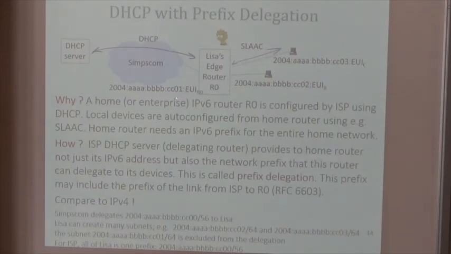Well, because if I am the provider, I give this prefix 2004 AAA BBB CC to this guy, and I say your own address also belongs to the prefix, and all the addresses of your enterprise, of your home, also are within this prefix. That means for my network here, I have only one prefix for this entire stuff. So in my routing tables, I will have only one entry.